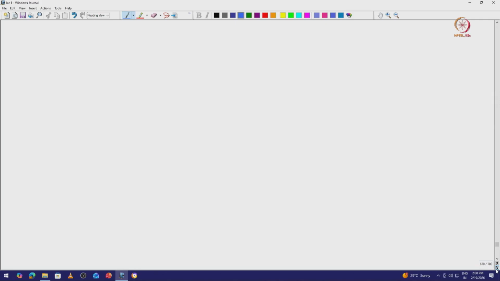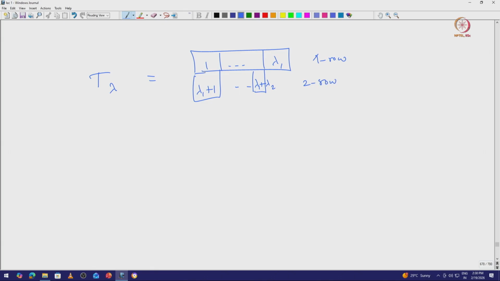So, recall that T lambda is obtained by taking this particular tableau where we fill 1 to lambda 1 in the first row, and then lambda 1 plus 1 etc., lambda 1 plus lambda 2 in the second row, and so on.